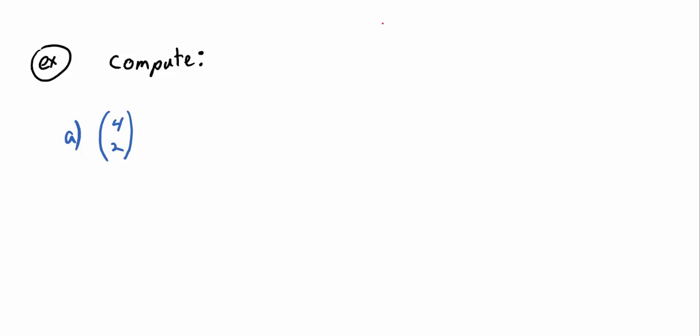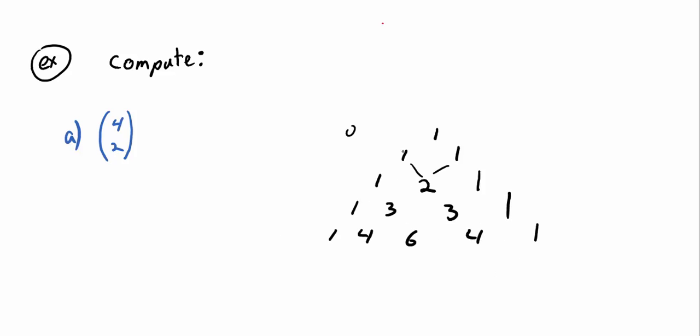Well, I mean, we already did it, but let's do it again. What's the worst that we have to do? 5 total rows of Pascal's triangle, right? To get 4, choose 2, we also go in according to that 2 in that row number 4. However, we start counting at 0 again.